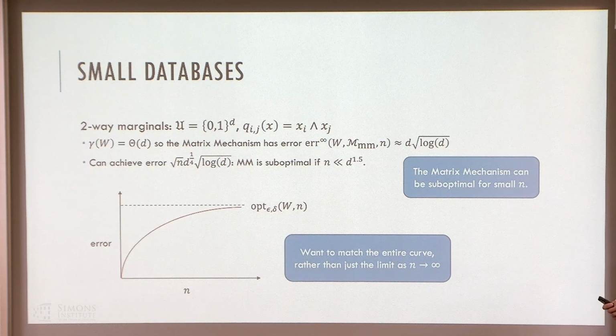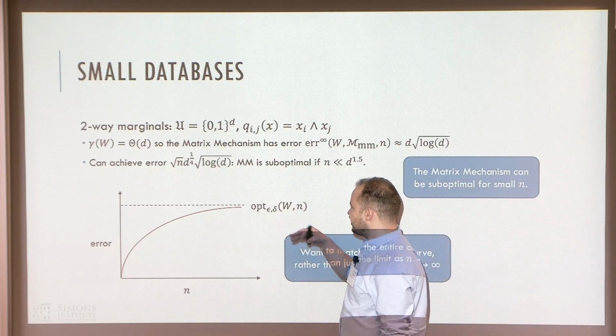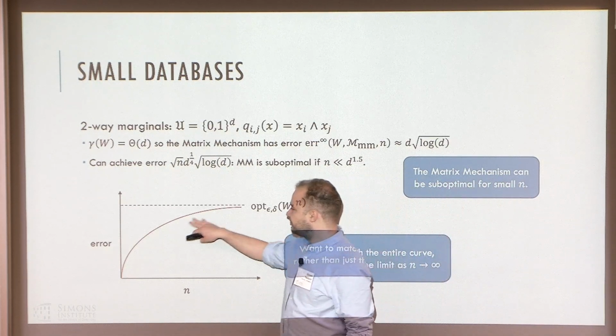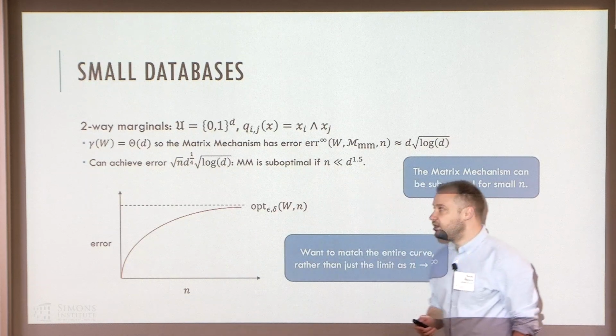In particular, if your database is very small, if you just add Gaussian noise, and your database has like 1 or 2 rows, you may be able to do better by outputting something without even looking at the database. It should be clear that for very small databases, you can have less error. Of course, we'll talk about smarter mechanisms which try to stay closer to the optimal error, or at least get reasonable error in this regime of small databases.